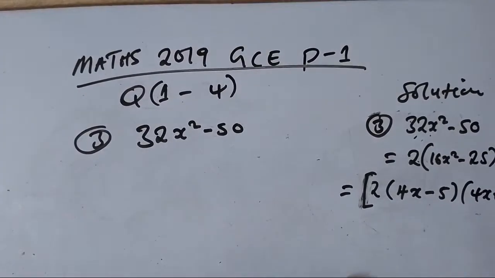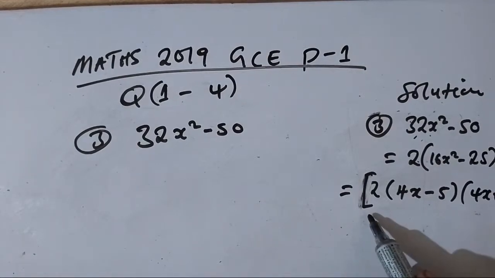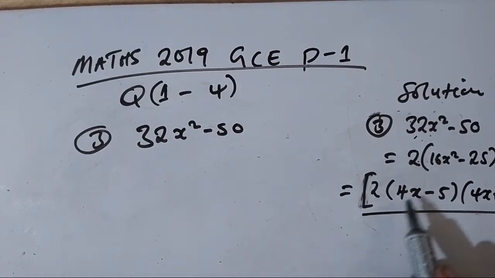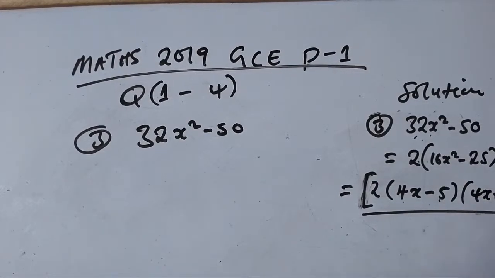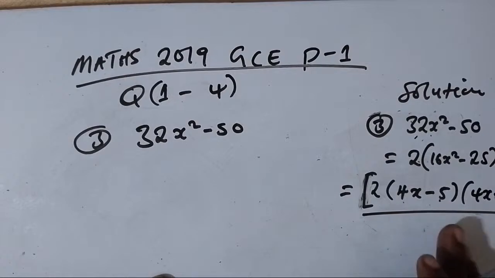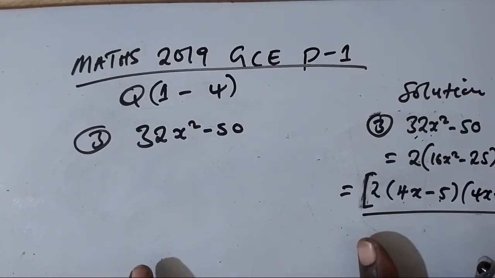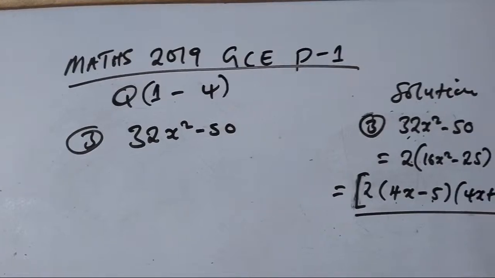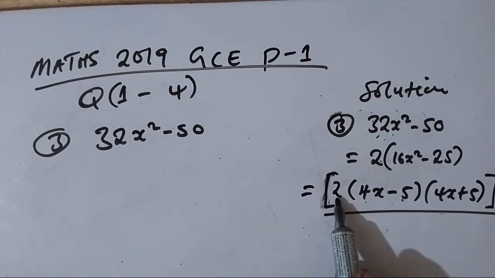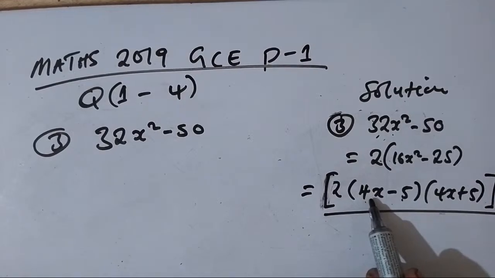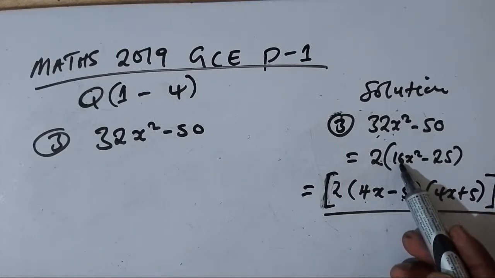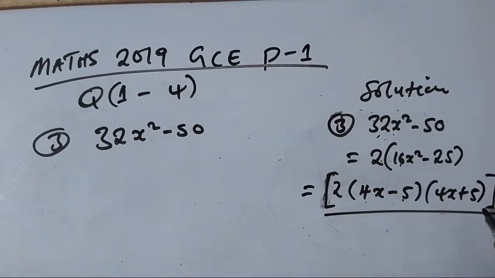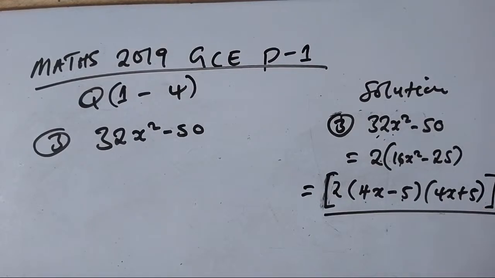And now we have factorized completely, because 4 times 4 is 16x squared, minus 5 times 5, we are going to have minus 25. So this is our answer for question 3, 2 open brackets 4x minus 5, 4x plus 5. The square root of 16 is 4, and the square root of 25 is 5.